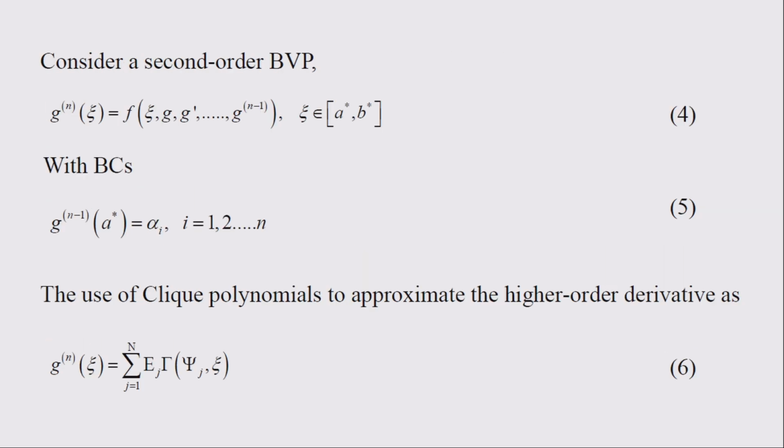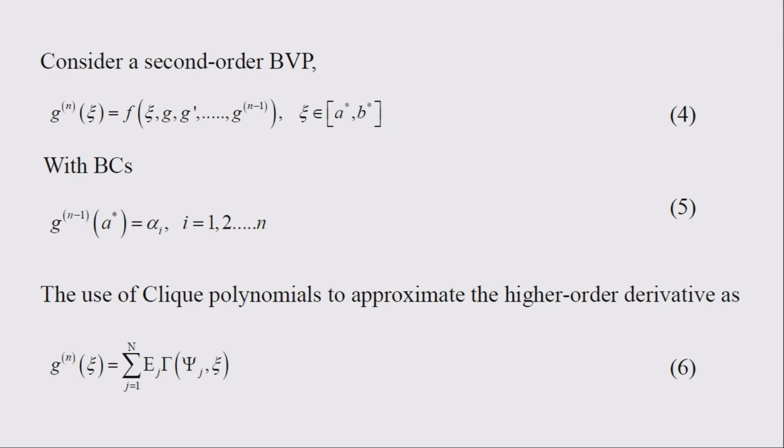Now you have an idea about a clique polynomial. I will go for the boundary value problems. I am considering boundary value problems. Equation 4 is the boundary value problem, in general as I have considered, with the boundary condition, equation 5.